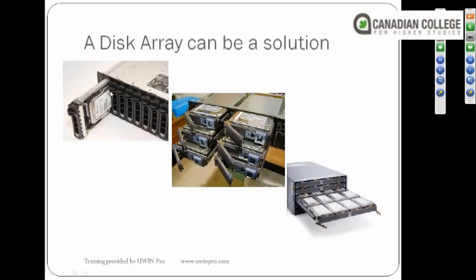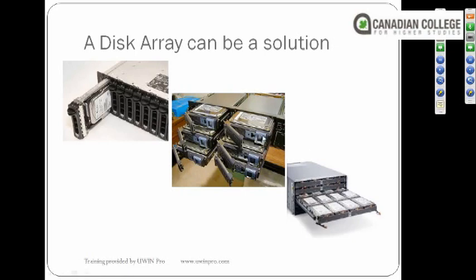A disk array is made up of multiple disks, and all these are connected to a Spark machine or a Solaris machine, Intel or Spark machine. If I have about 10 hard drives here, each one is about 4 terabytes, I get 40 terabytes.